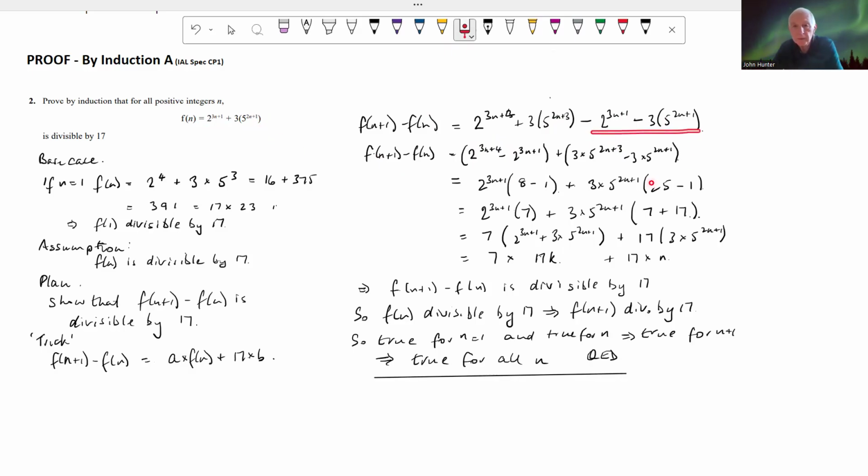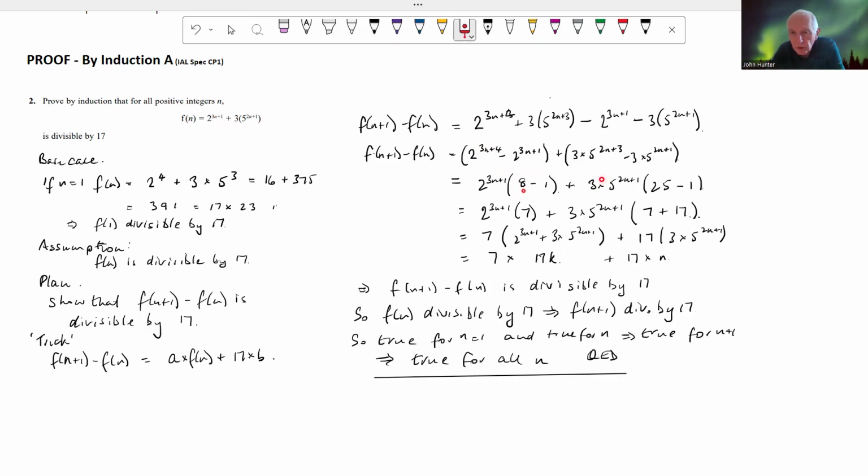If we now group those base 2 and base 5 terms, it's going to look like that. Now, if we factorize 2 to the power of 3n plus 1 out of that, we're left with 2 cubed, 8.